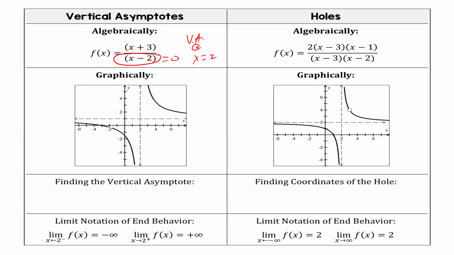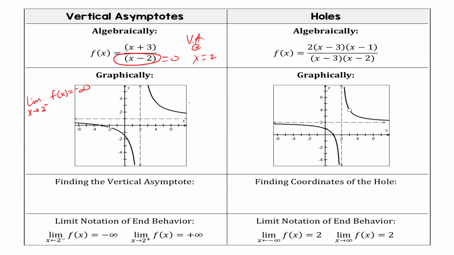When we look at it graphically, we're asking ourselves, as our function comes from the left, what is it approaching? And as our function comes from the right, what is it approaching? Writing that in limit notation, it would be the limit as x goes to 2 from the left. What is the function doing? The function is going towards negative infinity, right?